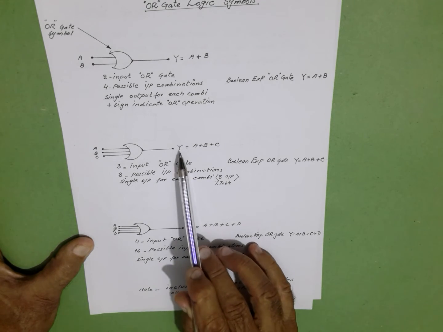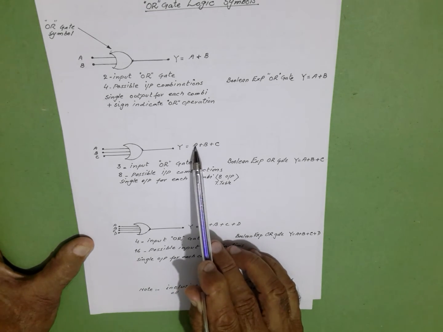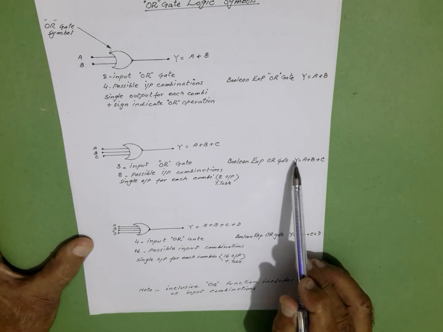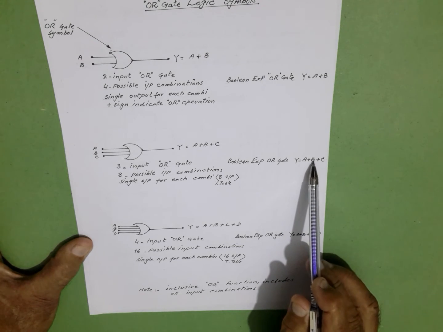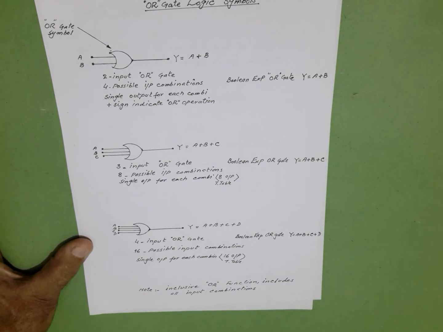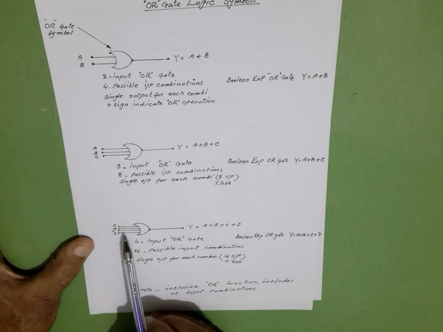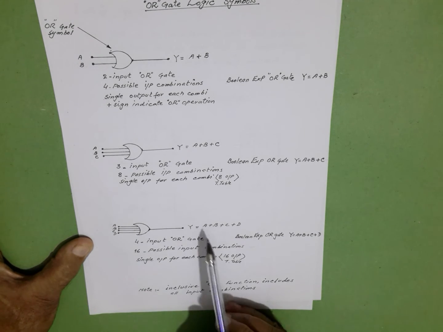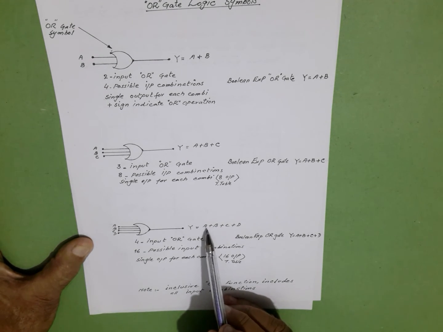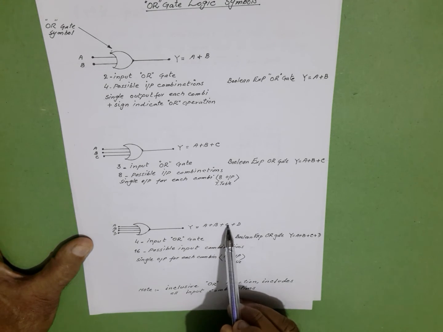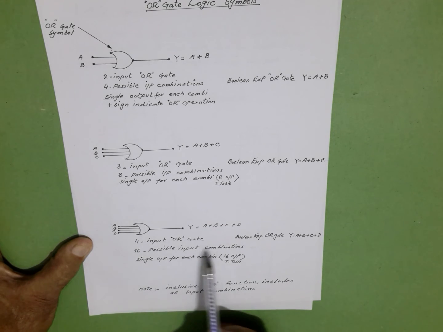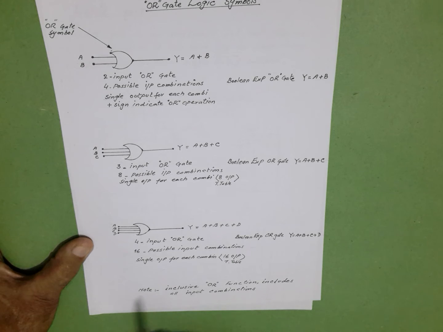The Boolean expression will be Y is equal to A OR B OR C. For a 4 input OR gate, we apply 4 inputs, A, B, C, D. The output Boolean expression will be A OR B OR C OR D. This has 16 possible input combinations. Note that we will call this the inclusive OR function.